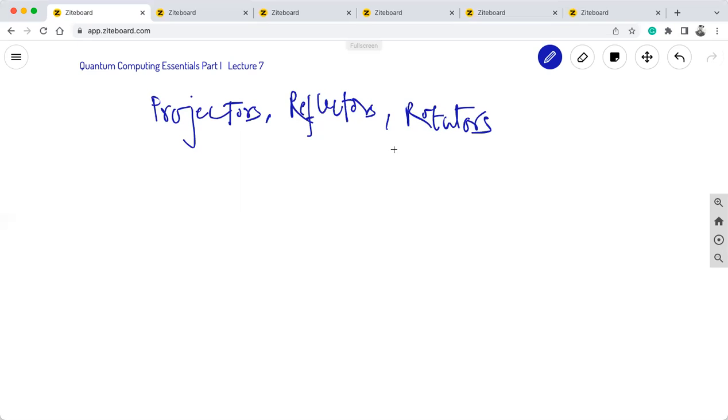In the previous lecture, lecture 6, we discussed the special matrices: unitary matrices, orthogonal matrices, normal matrices, symmetric and Hermitian matrices, SVD, and the condition for EVD and Cholesky decomposition.